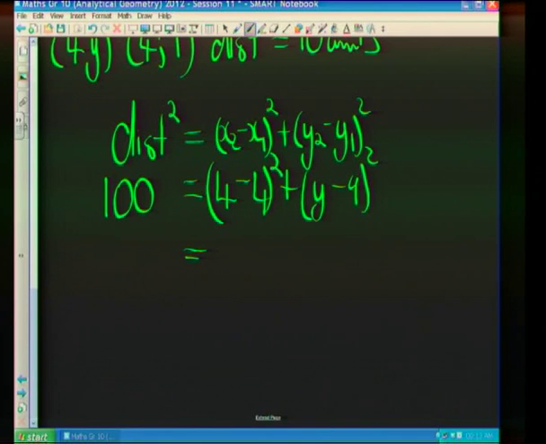4 minus 4 is 0. 0 squared is, of course, still 0. Multiplying out this bracket, please do it properly, boys and girls. Y squared minus 18y. And 9 times 9 is 81. Of course, then I need to bring the 100 over.